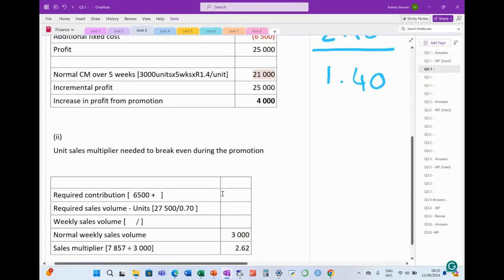Then the next question is, okay, cool. But we also know that there's variable cost that we need to cater to, isn't it? Because here we want to break even. We don't want to make a profit. We don't want to make a loss. So, what else must we do?